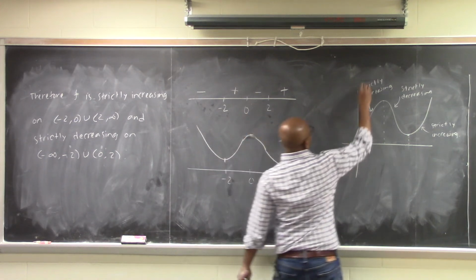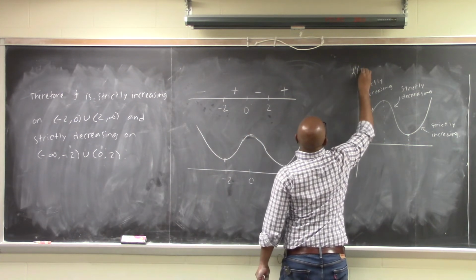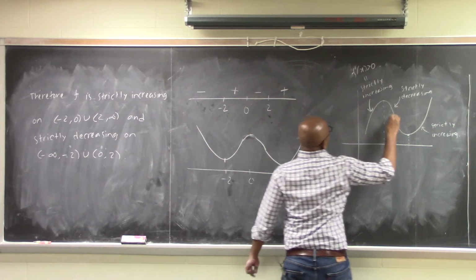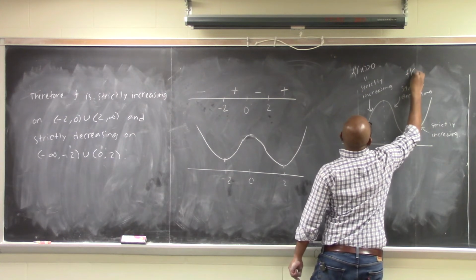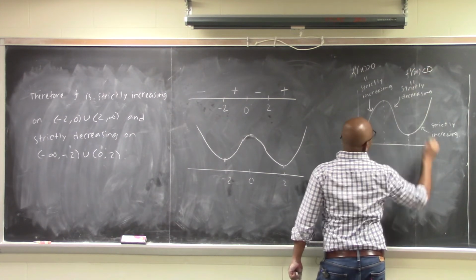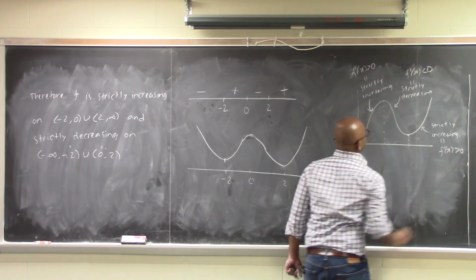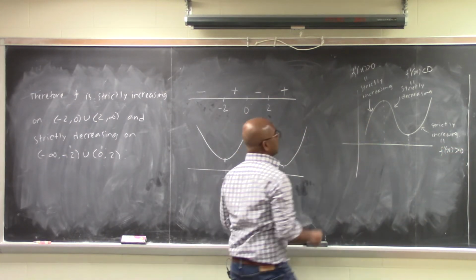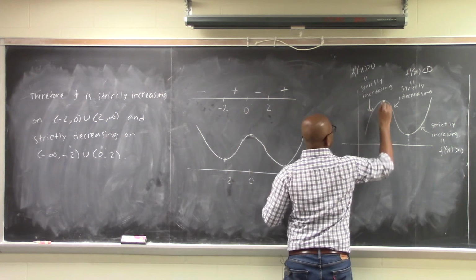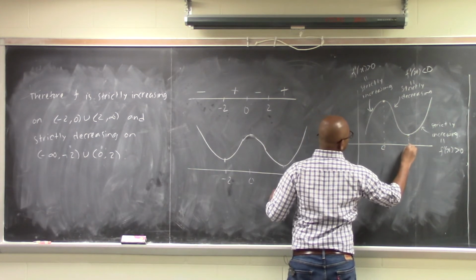But this thing means what? F prime of x is strictly positive. This thing means f prime of x is strictly negative, and this means again f prime of x is strictly positive. And what happens at those points here and there?